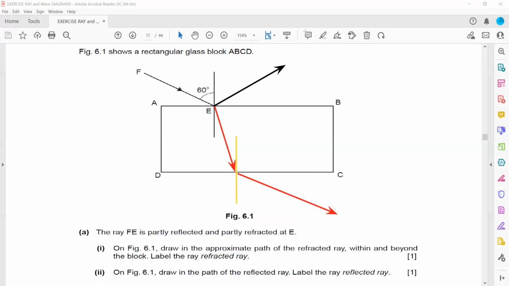And always label them: here, this one is the incident, this one is the reflected, this one is the refracted, and this one is the emergent ray. Because as I mentioned, draw the path of the reflected ray and label it as well. So right here, reflected.